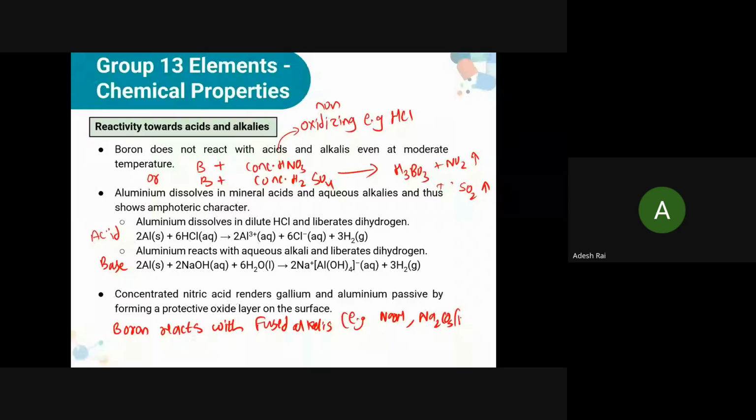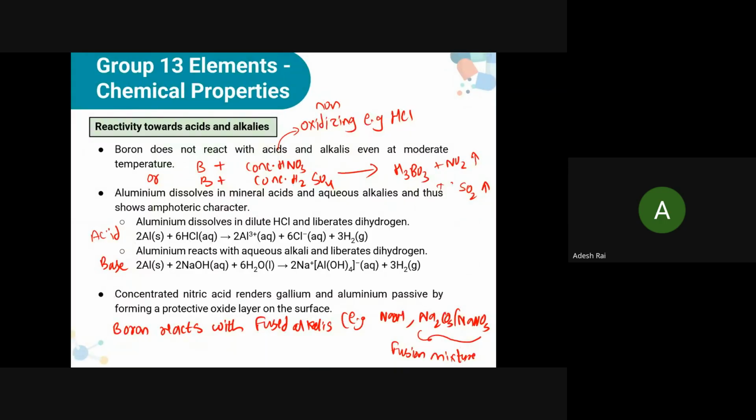So boron can react with NaOH or with a mixture of Na2CO3 and NaNO3. What is that mixture called? The mixture of Na2CO3 and NaNO3 is called fusion mixture.